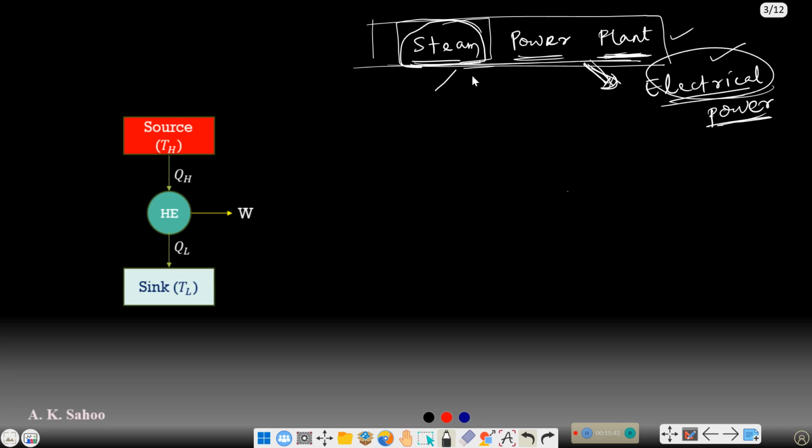A power plant simply means it produces electricity, and a steam power plant takes energy from steam and converts it into electrical power. Done. So how do we produce electricity from steam?